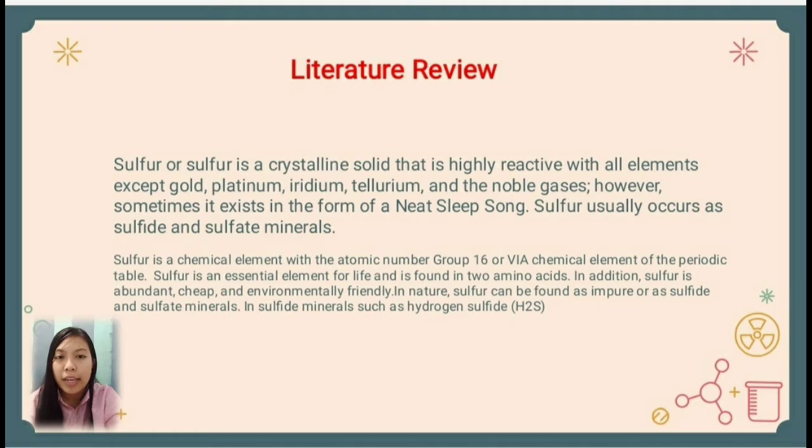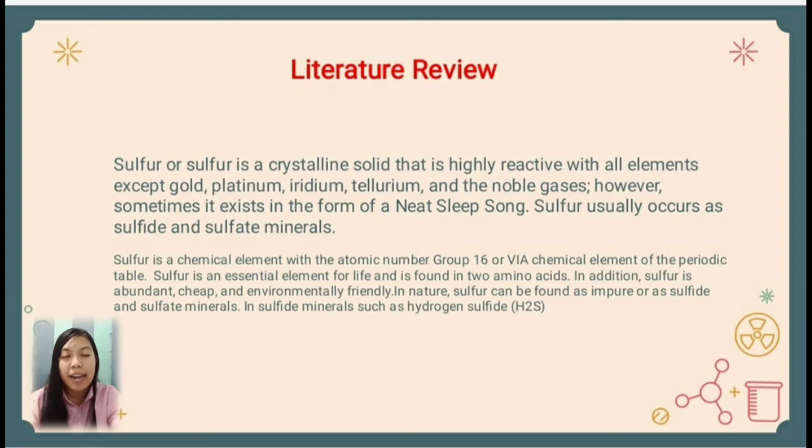Sulfur usually occurs as sulfide and sulfate minerals. Sulfur is a chemical element with the atomic number 16, group 6A, of the periodic table.